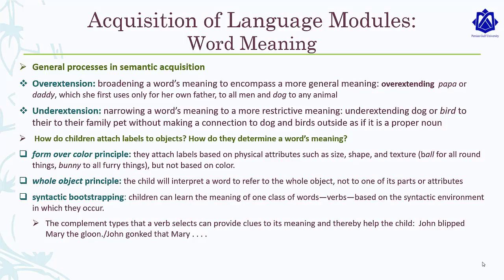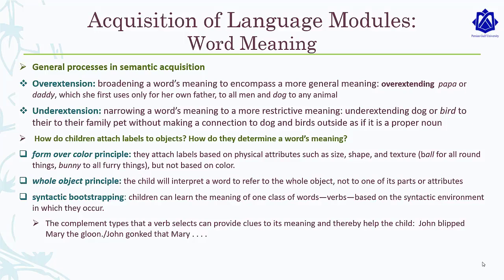And we have another principle, the whole object principle, that children use and that makes learning the meaning of words easier. When you refer to an object by a certain word like door, they know that it is used to refer to the whole of it rather than to the handle of it.